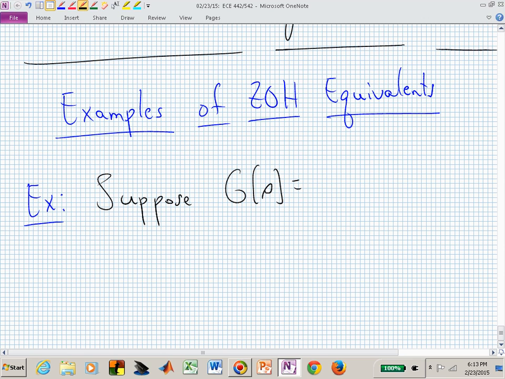S, 1 over S. 1, that's even simpler, isn't it? Why go with 1 over S when we can just go with 1? I'll make it just a little more challenging. I'll make it a 5. But that's the same as 1, isn't it? Just scale. But I want you to see maybe where the value comes into play. So this is just a gain.